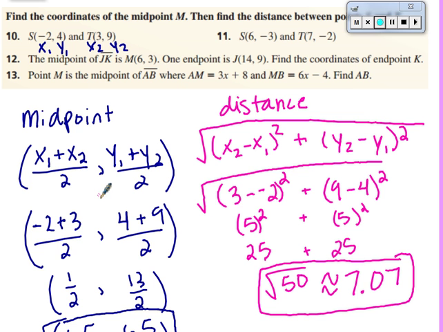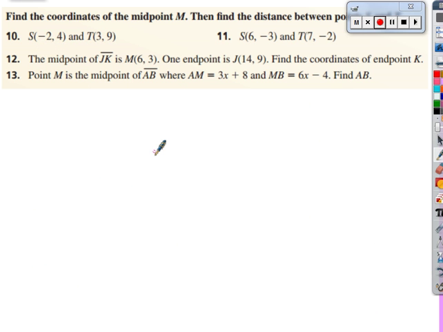So now let's look at number 12. This one's a little trickier. The midpoint of a segment is given, and then one of the end points is given. And it says find the other end point. So it helps me if I draw a picture. Let me clear this real quick. Okay, so for number 12, I've got a segment JK.